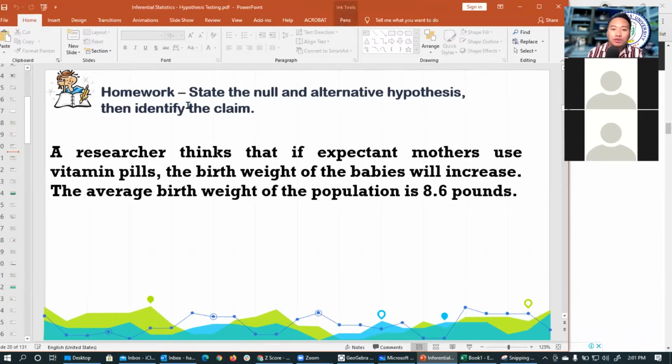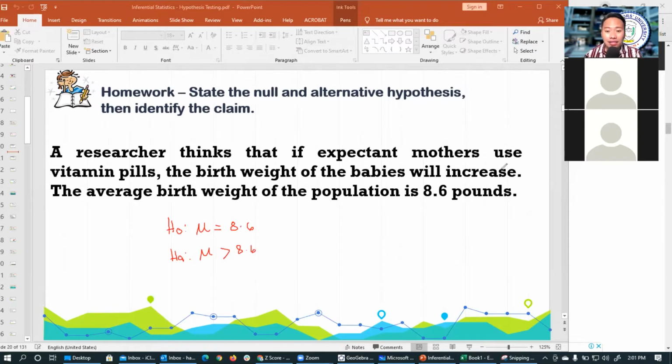Okay? So, with that being said, our null hypothesis for this problem, guys, will be mu equals 8.6. The alternative hypothesis will be mu greater than 8.6. Why did I use greater than?